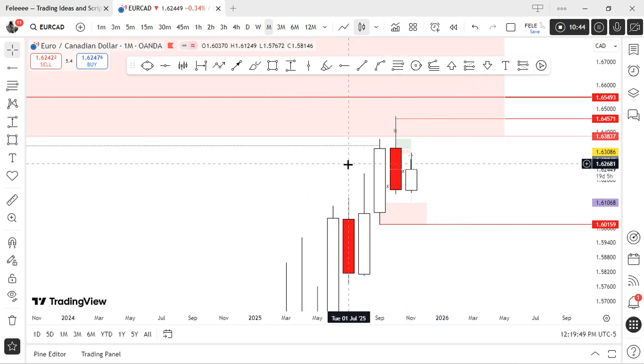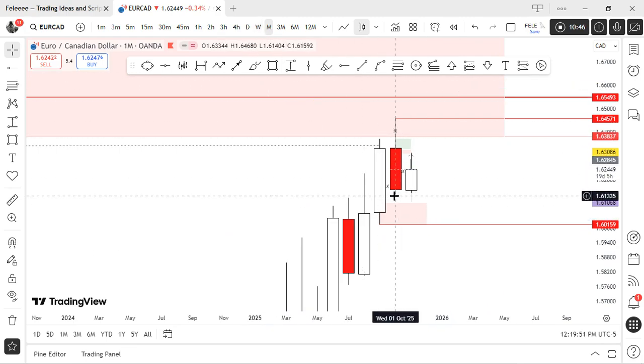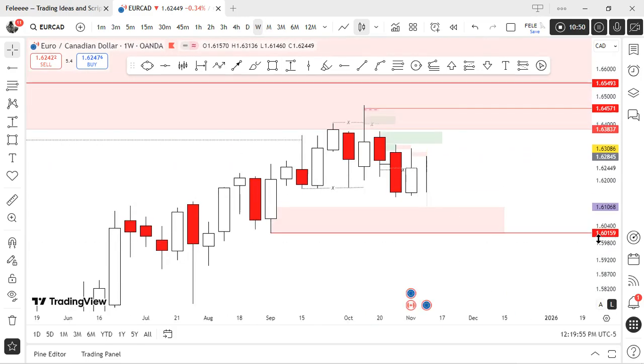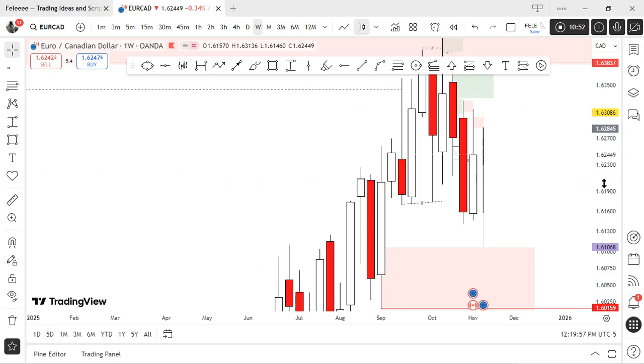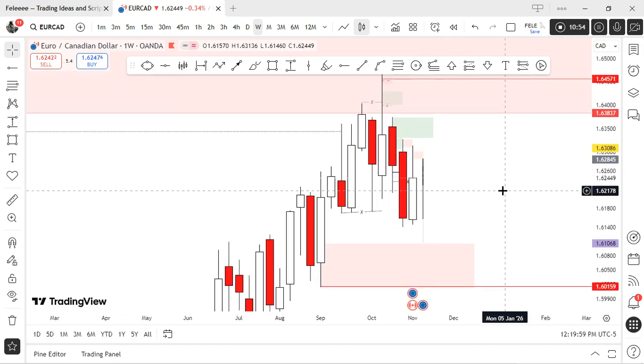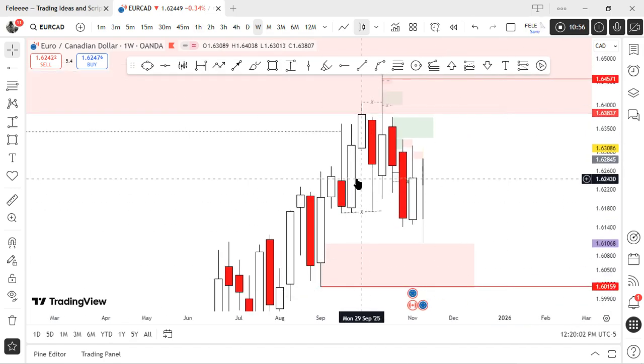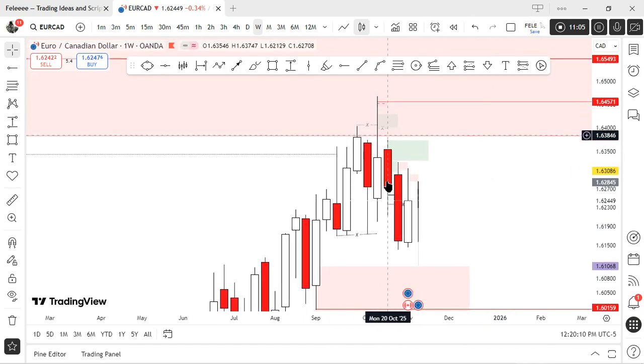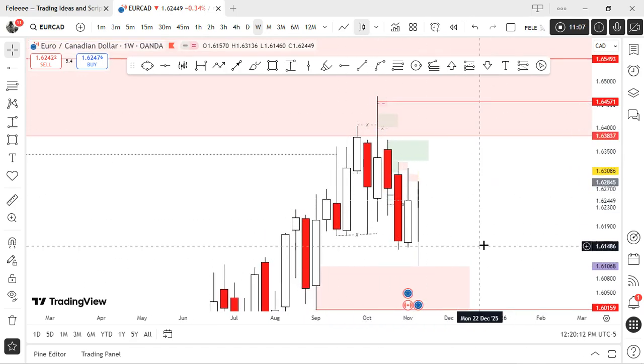As we can see, price managed to sweep these liquidities on the weekly. As we move, we see that we had this inducement. At first, price reacted from this inducement but failed to go and create highs up there. So it actually swept the liquidities and started ranging these bearish moves.